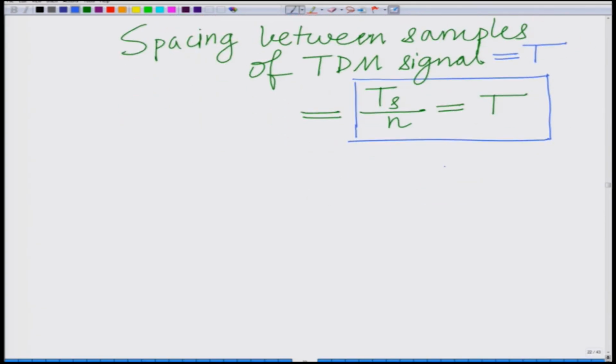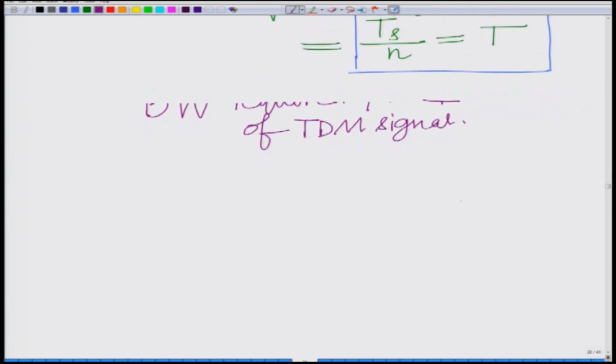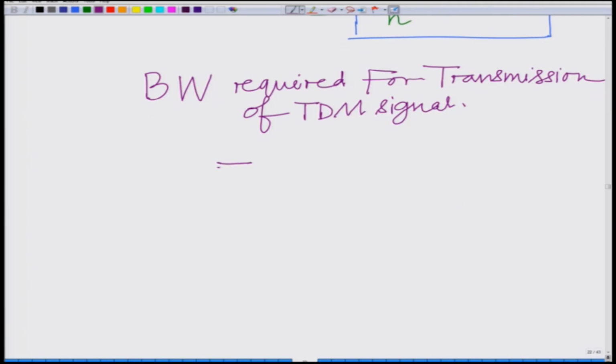Now, the bandwidth required for transmission of the TDM signal is 1 over 2T.